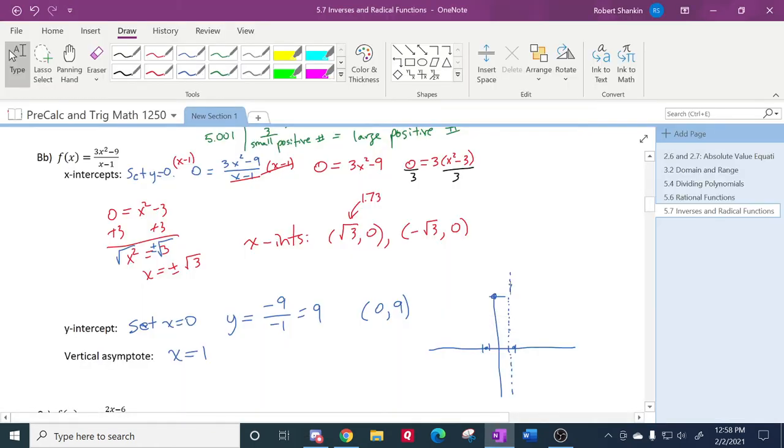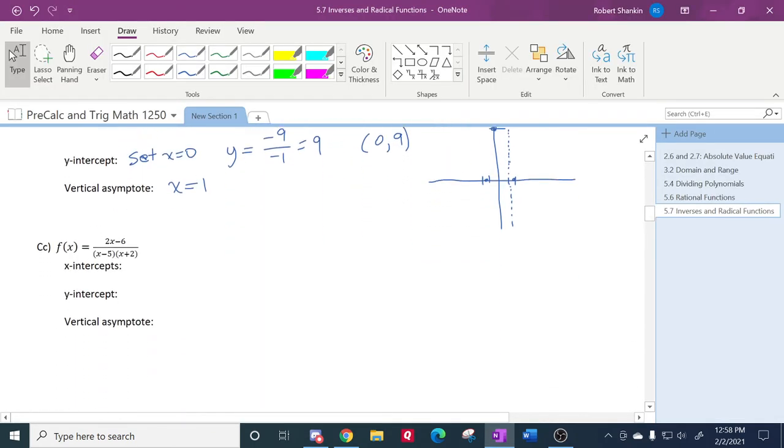Let's go back. Let's do it again. New function. Give the x-intercept, y-intercept, vertical asymptotes.